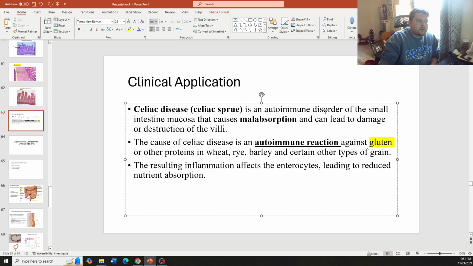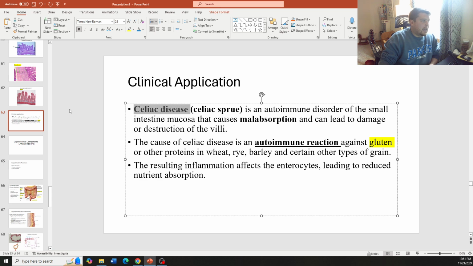So it's an autoimmune disorder where essentially the body is not able to properly absorb or deal with gluten, and it actually sees it as a threat and attacks all of it in there. So if you eat gluten, it sees it as a threat, creates an autoimmune response, and really just tears apart your intestinal tract. So you get lots of inflammation, and you're unable to absorb the proper nutrients.